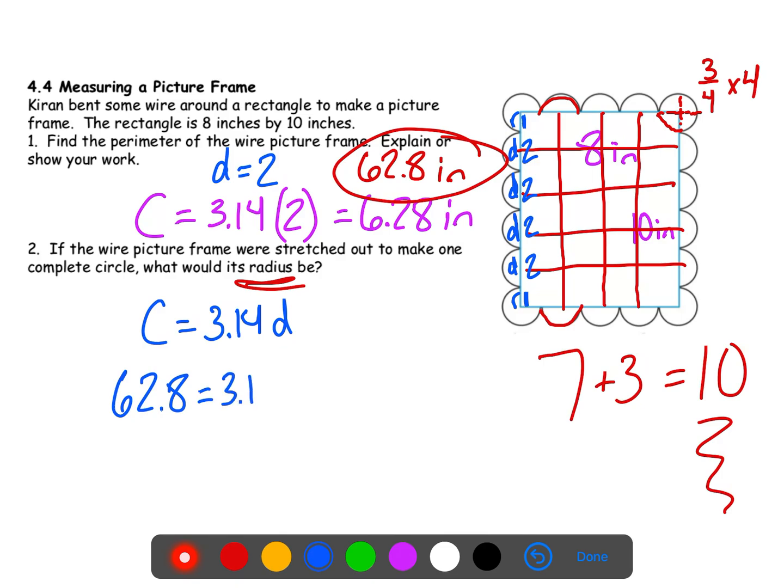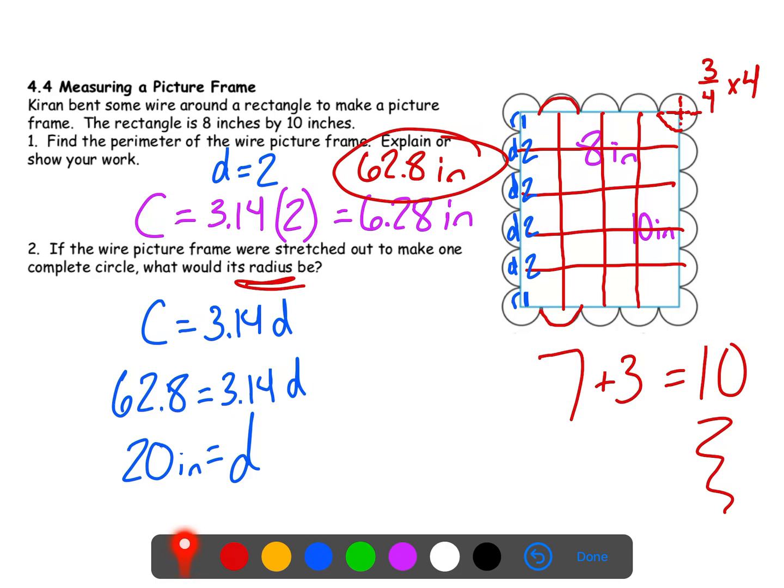in order to get the diameter of my circle, I'm working backwards in my proportional relationship, so I'm just going to divide the circumference by my constant of proportionality. 62.8 divided by 3.14 gives me a diameter of, let's see here, 20 inches.